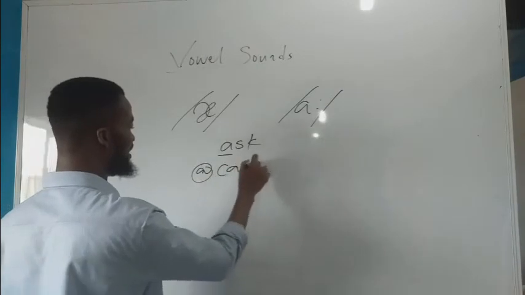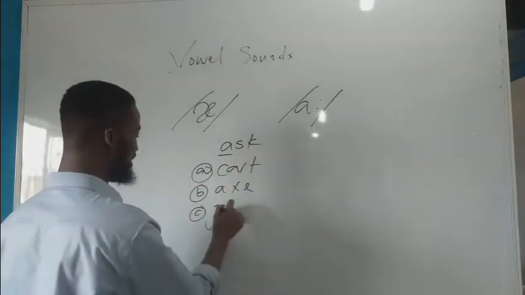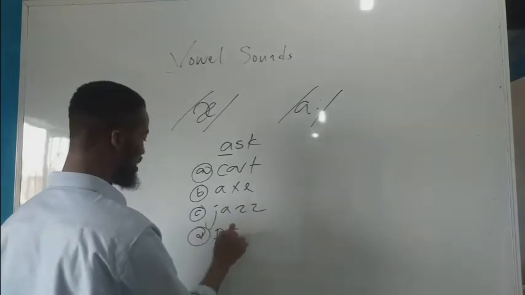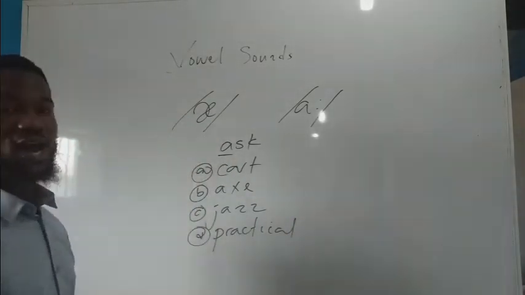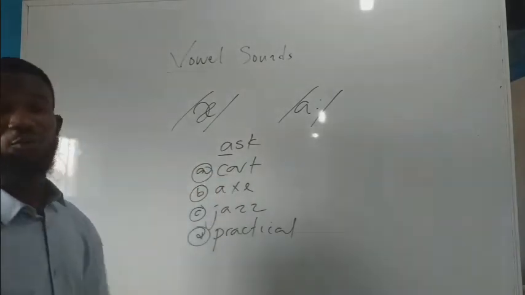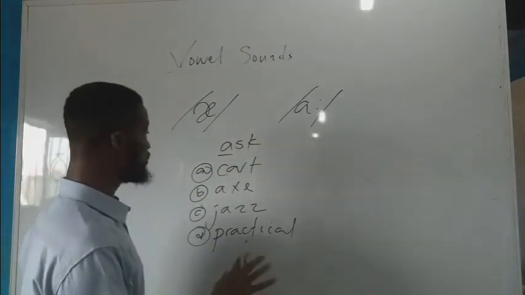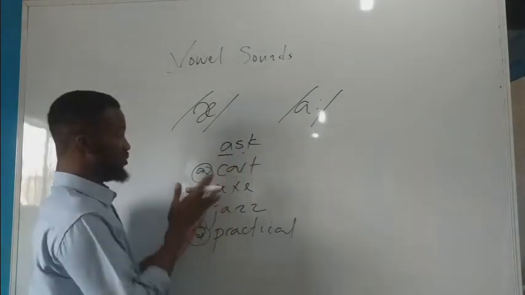Option A is cart, option B is axe, option C is jazz, option D is, let's say, practical. And we are confused because what we are looking for is the long A sound. Option A looks like it, B looks like it, C looks like it, D looks like it. What am I going to choose? It gets so confusing. Alright, it's so easy, watch out.